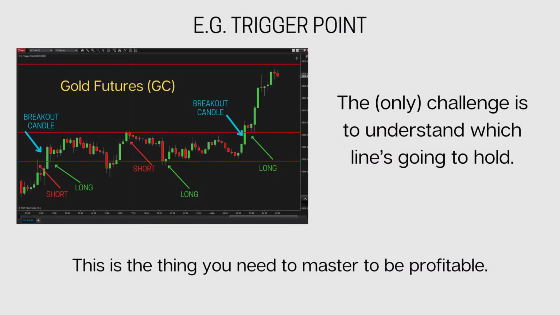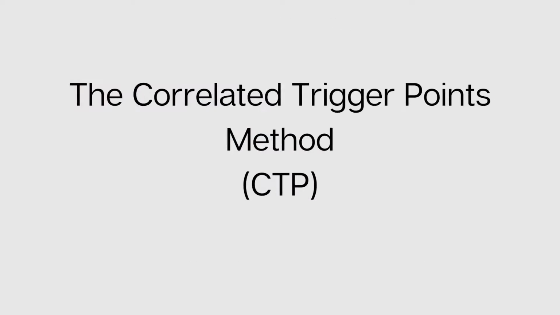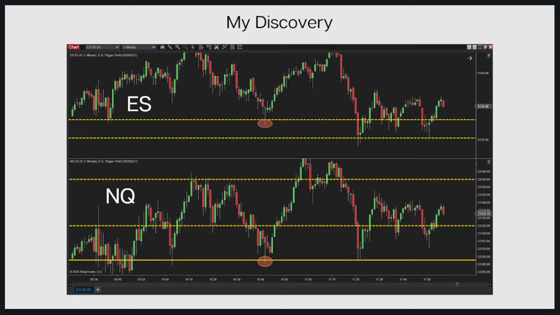And so we understand that the only challenge is to understand which line is going to hold. This is the thing you need to master to be profitable, basically. So I developed a method called the Correlated Trigger Points, CTP, to help to understand better whether a level is going to hold or not.